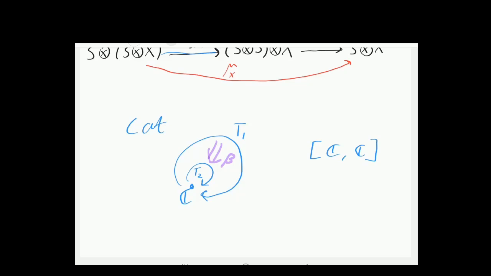So more generally, we could pick a 2-category and an object of that 2-category, and then consider the kind of category that has the endomorphisms of that object as its objects and the 2-cells between those as arrows.